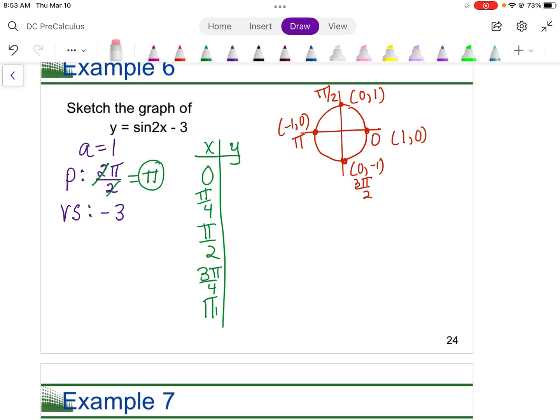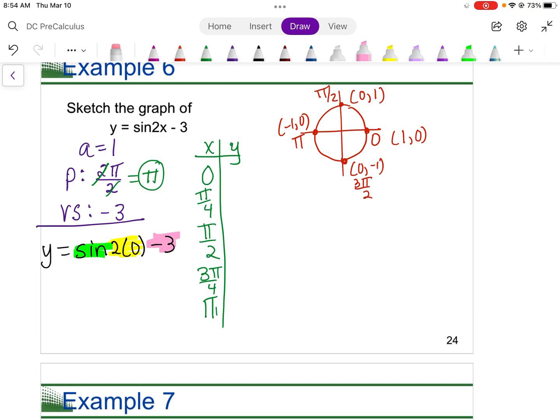All right, for the first couple rounds, I'm actually going to plug them in and show you how I say on my unit circle. So I will have y equals sine of 2, my x is 0, minus 3. Order of operations is going to tell you to multiply the angle by 2, then apply the sine, then subtract 3.